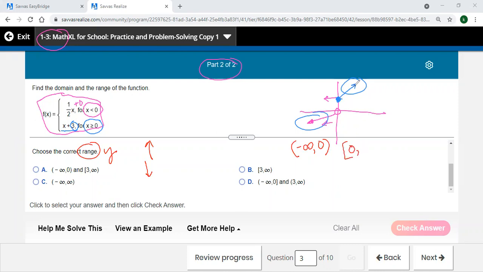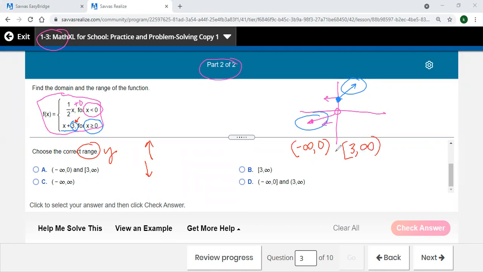And it keeps going. Oops, this isn't at 0. This one started up at, this was the y-intercept 3, right over there. So it started at the 3 and it went up forever to an infinity.